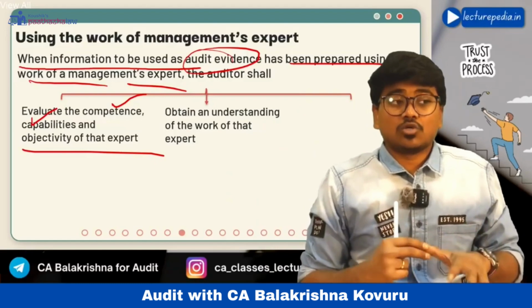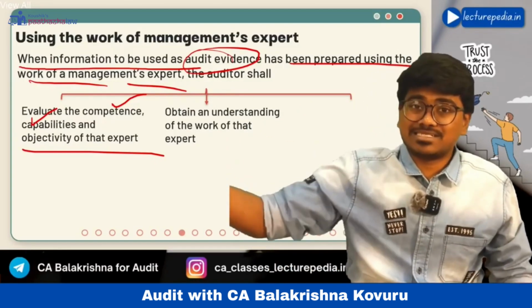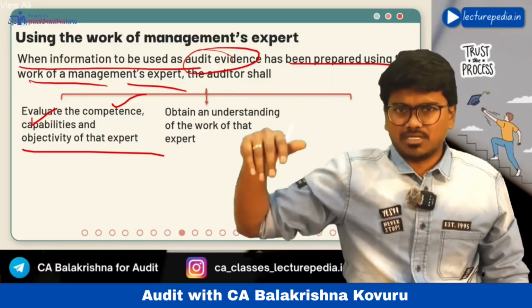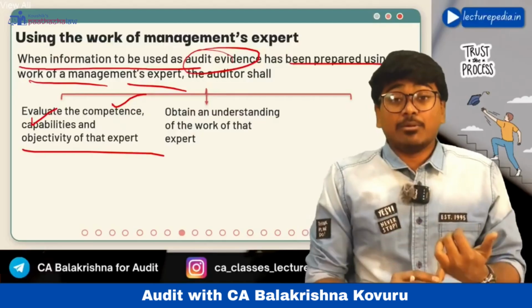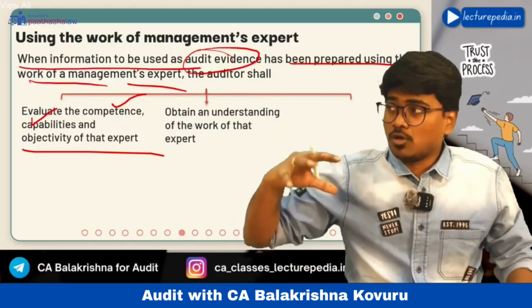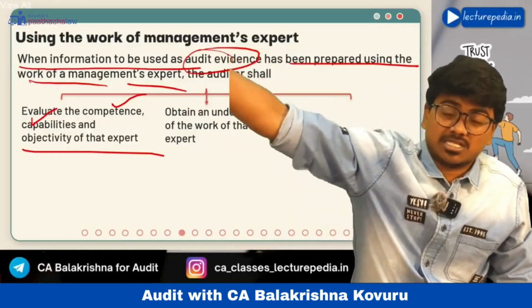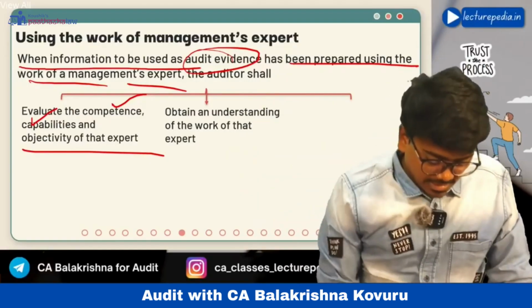And you can also read the books, documents, papers that have been presented and written by that expert, right? By doing this, you will evaluate the capability and competence of that particular expert. So now you have evaluated the expert. Next, you will understand the work that has been done by the expert.